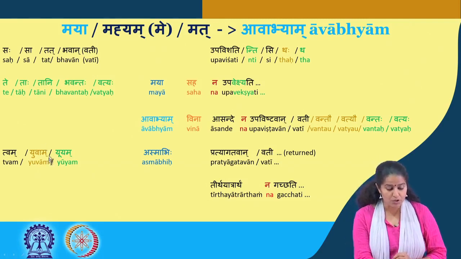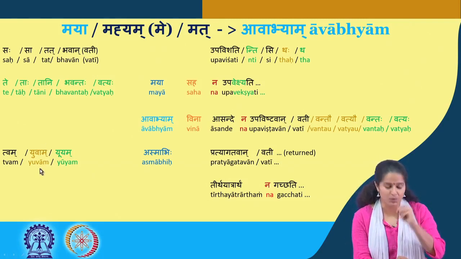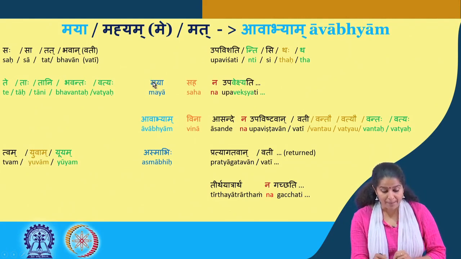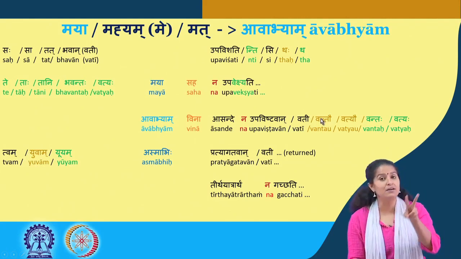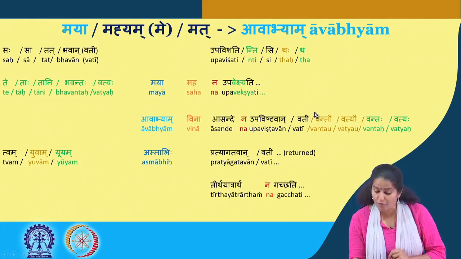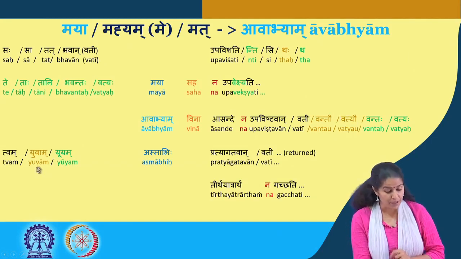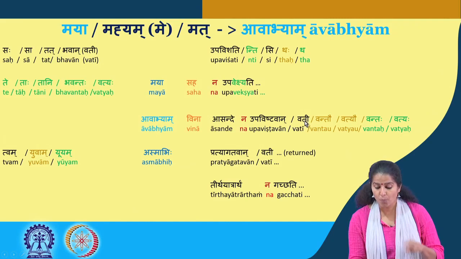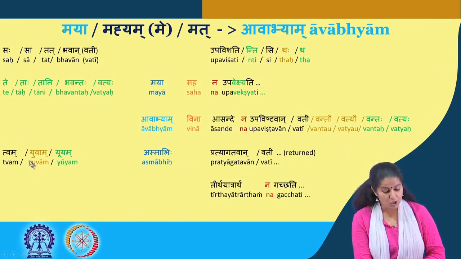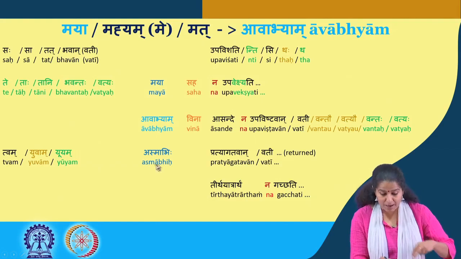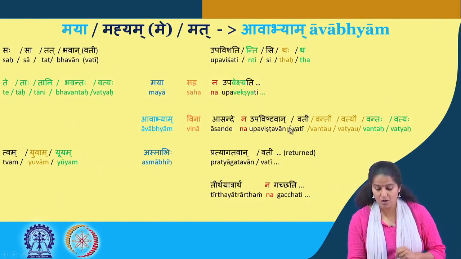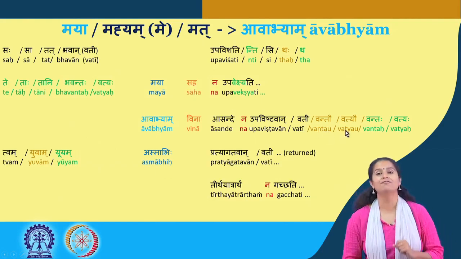But when we use yuvam, we have to add the dual case. So yuvam maya saha upavishtavantau or vatyau. Next, yuvam avabhyam saha upavishtavantau or vatyau. Finally, yuvam asmabhihi saha upavishtavantau or vatyau.